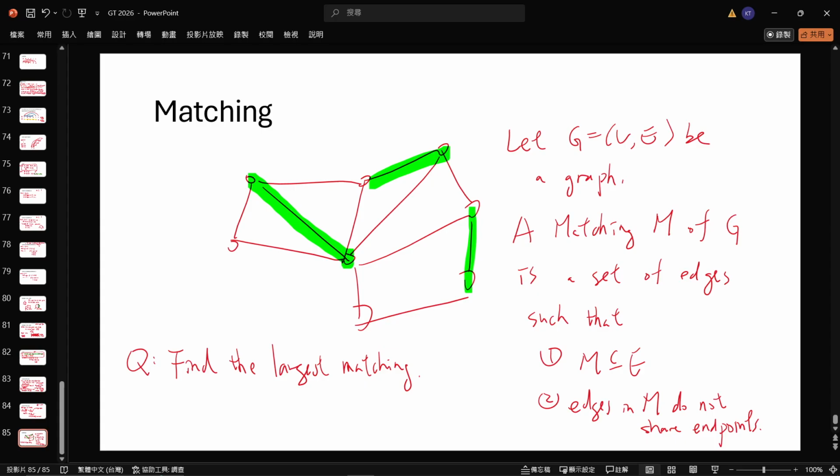So how? Let's put A, B, C, D, E, F, G, H, okay? So how to create a larger matching?